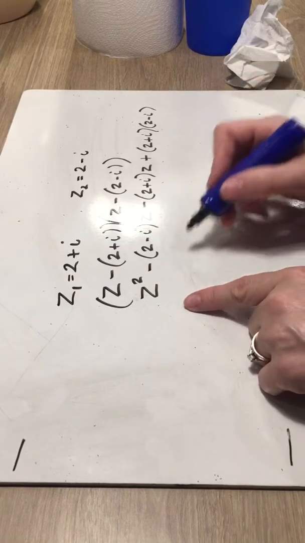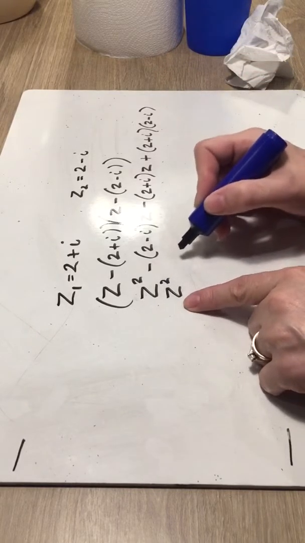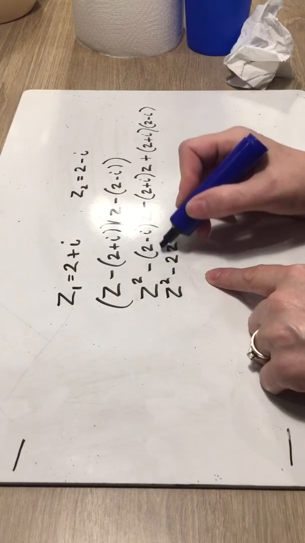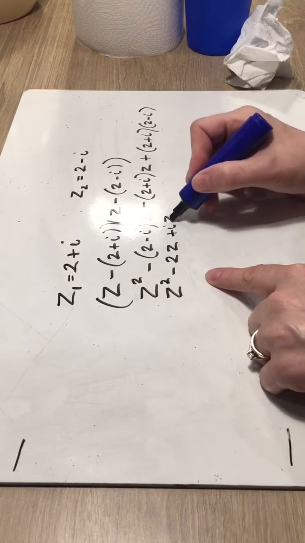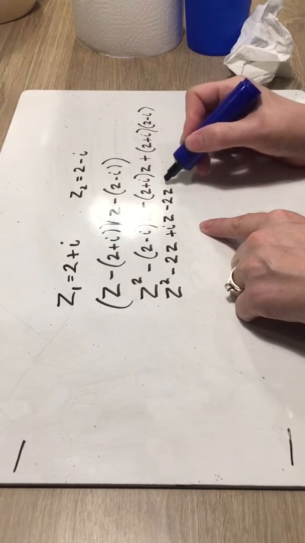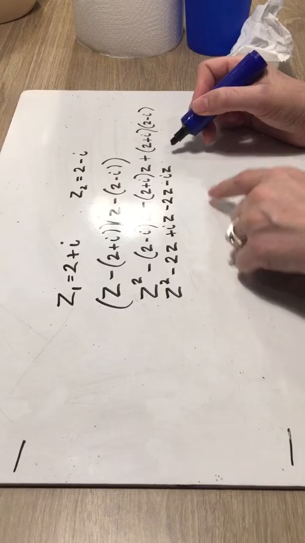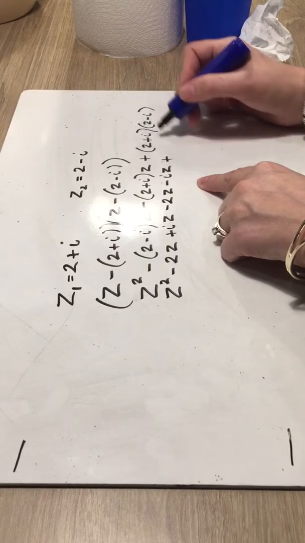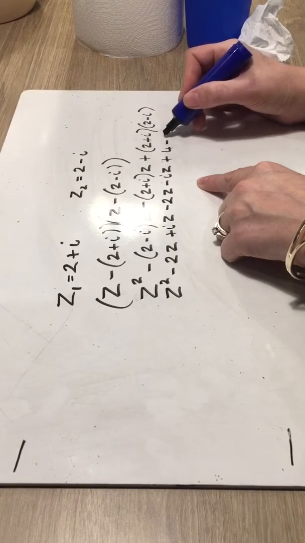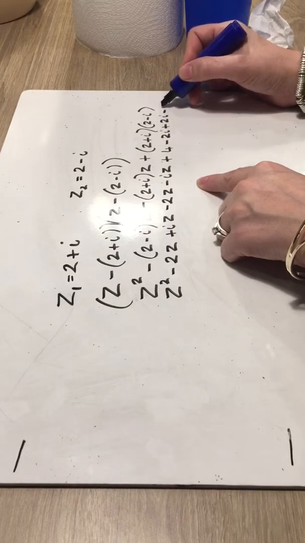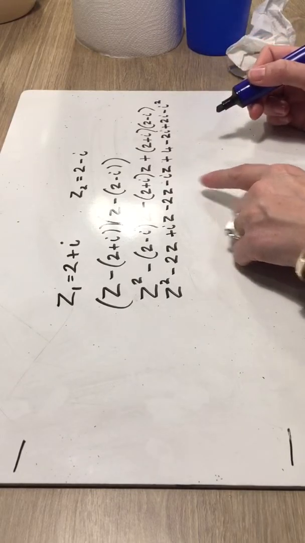So we just need to tidy this up. We've got z squared, minus 2z, plus iz, minus 2z, minus iz, and then multiplying these out just like double brackets, 2 times 2, 4, you're going to get minus 2i plus 2i and minus i squared.